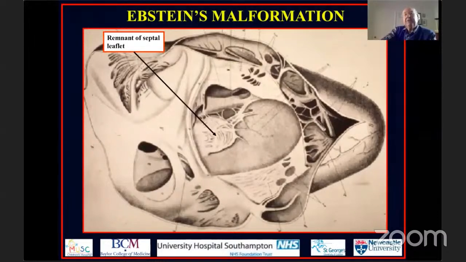Ebstein's original description has been translated many times, and this remnant that you see on the surface of the heart has variously been described in these translations as the size of a nickel, or the size of a dime, or the size of a quarter.